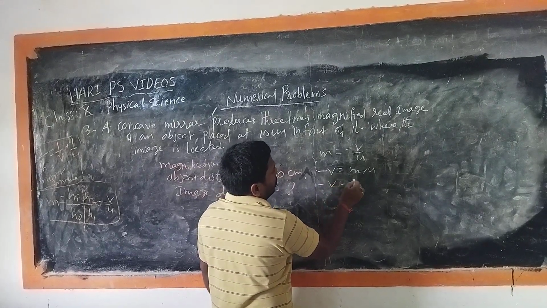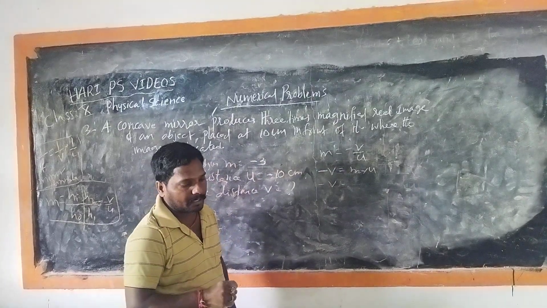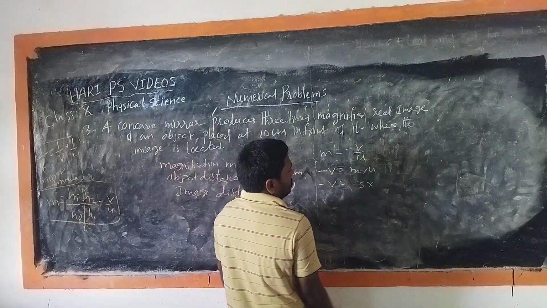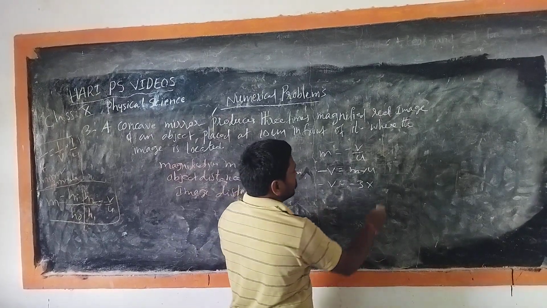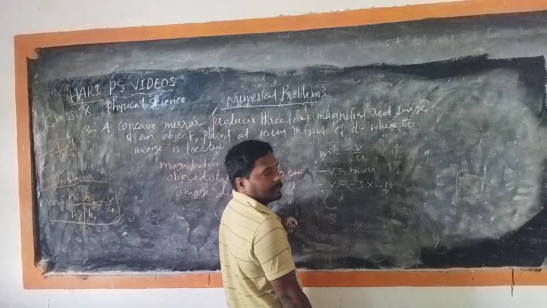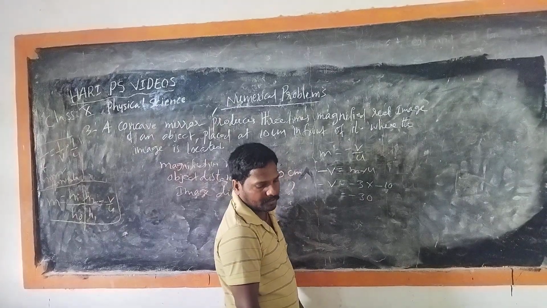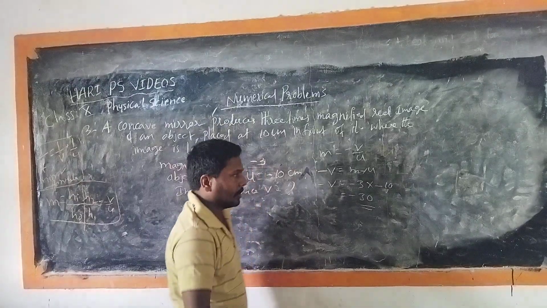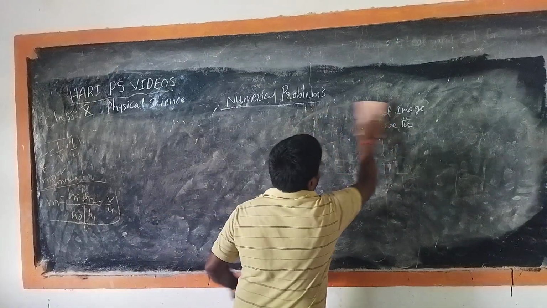So minus v is equal to magnification minus 3, because it is a real image, into object distance minus 10. So that is equal to minus 30, that is, v equal to minus 30 centimeters. A simple problem, no problem. So these are some numerical problems.